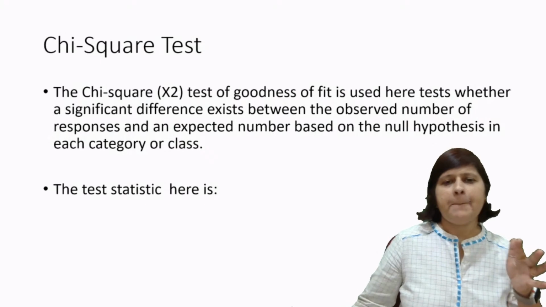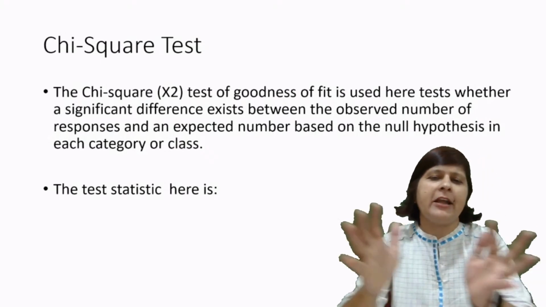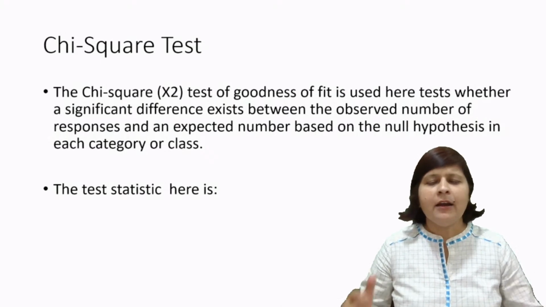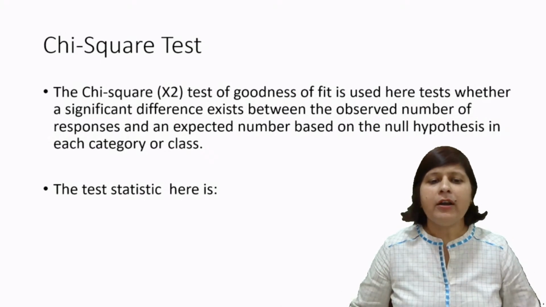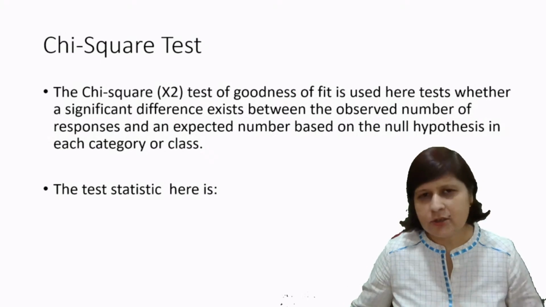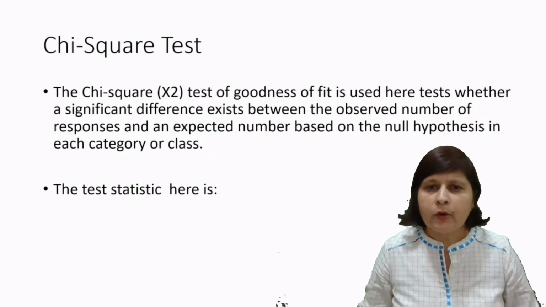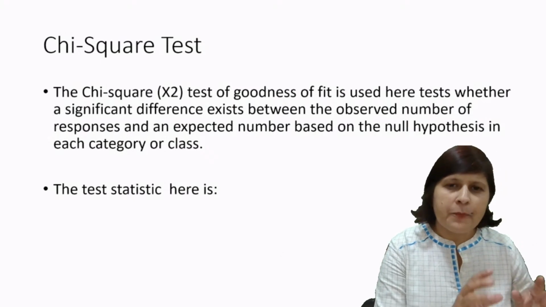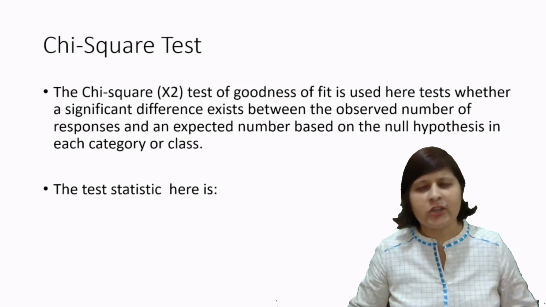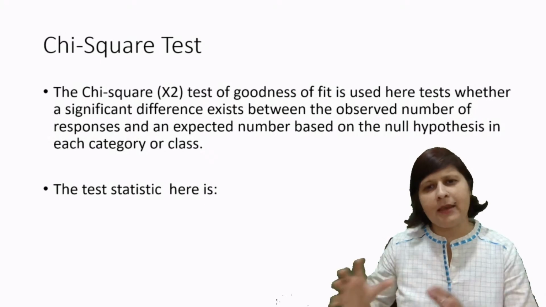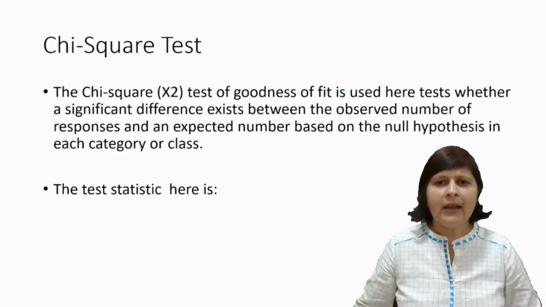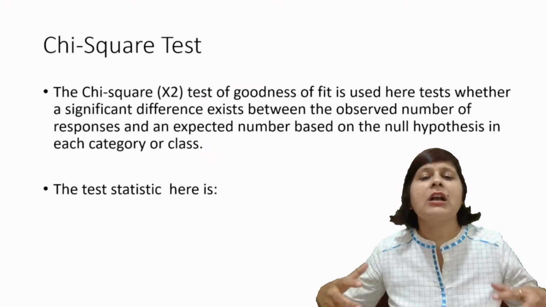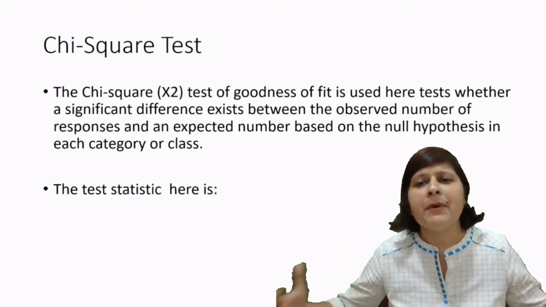Suppose we have divided our data into 3 classes, right? And the chi-square test, or test of goodness of fit, is used to test whether our expected value holds. Suppose we have 3 colors A, B and C, right? And we want to know which color the people like most.